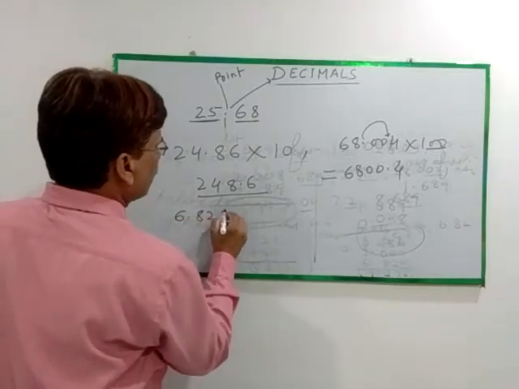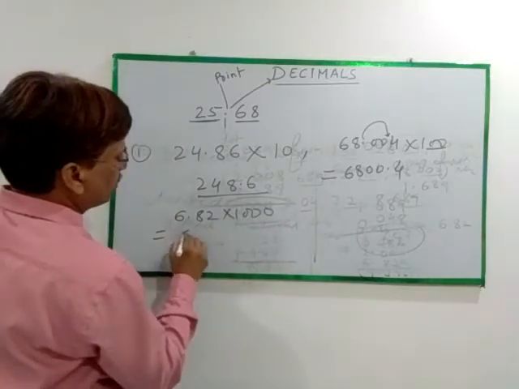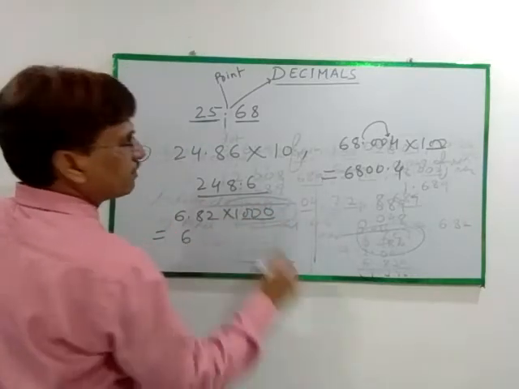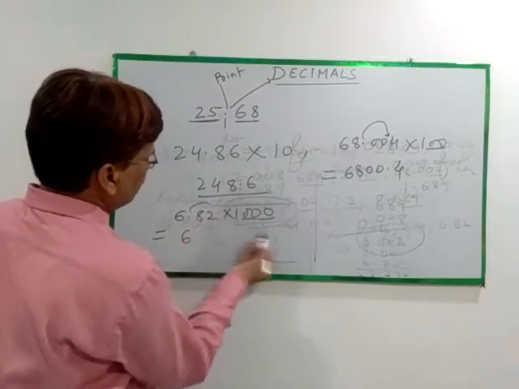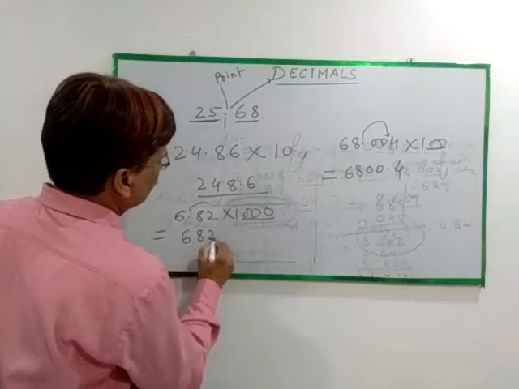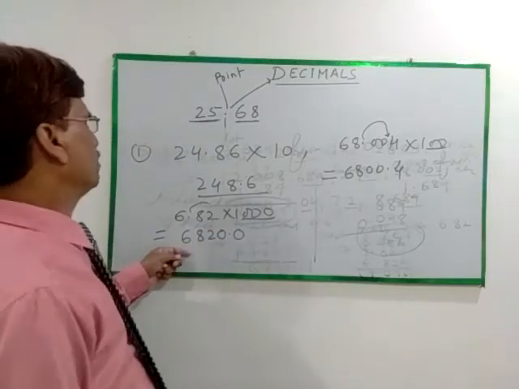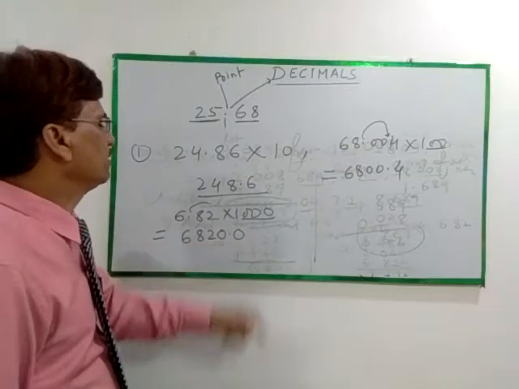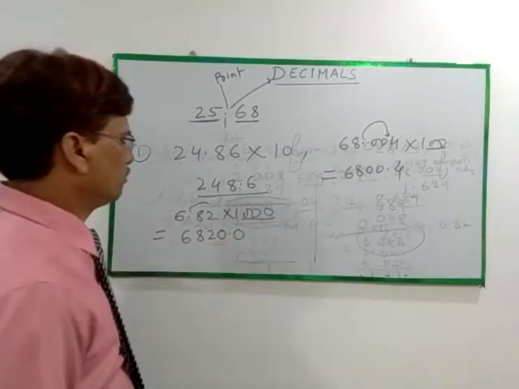If you want to multiply by 1000, for example 6.82 into 1000, there are 3 places to shift but here only 2 digits, so you have to put 0. The result is 6820.0.